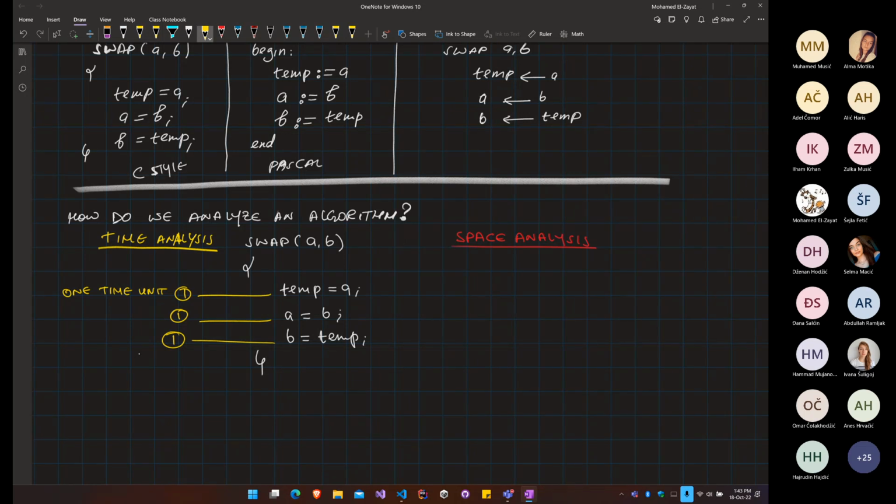It's a constant function. So f of n, where n is the number of times I'm calling this function, is always equal to 3, because every time I call it, it consumes 3 units and nothing more.